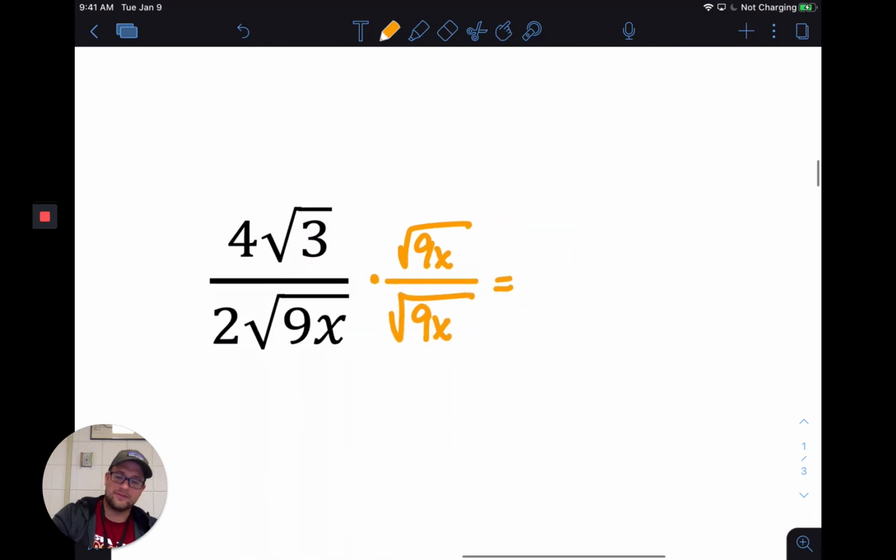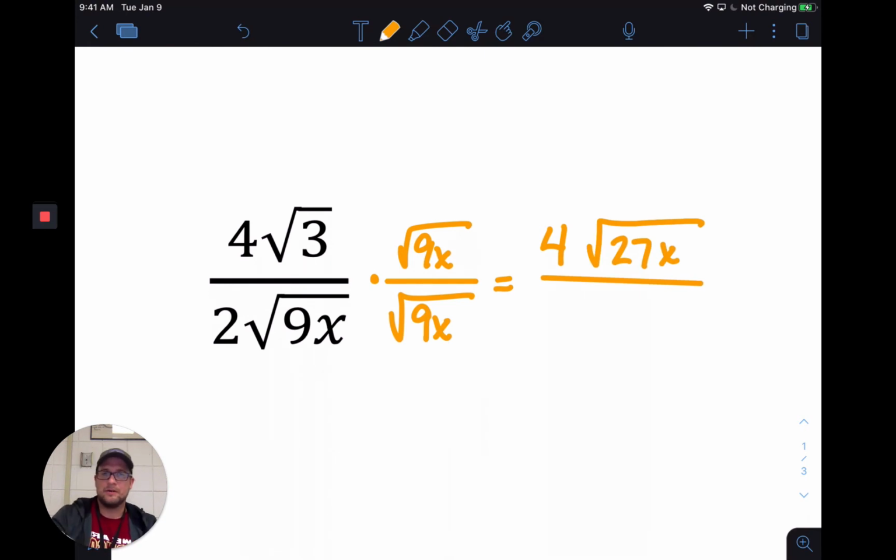Multiplying across, remember with fractions, we multiply the outsides and the insides, so I will have a 4 on the outside because that didn't have anything to combine with, and 3 times 9x will give us 27x. In the denominator, we'll have a 2 on the outside because, again, that didn't have anything to combine with.